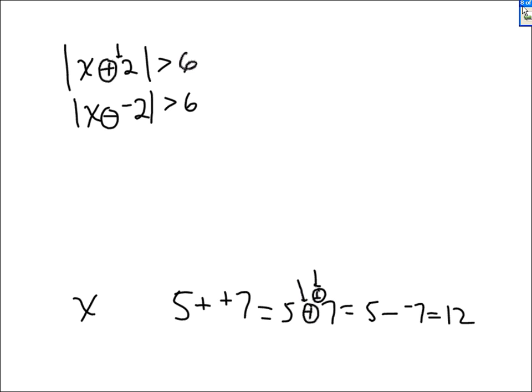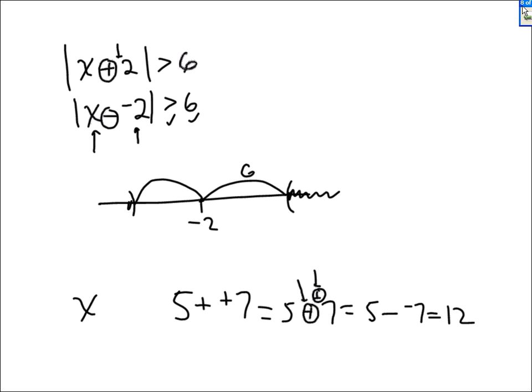So now it's the distance between x and negative 2. Here is negative 2. The distance between x and negative 2 is bigger than 6. So you go more than 6 to the right, but not equal to 6. And you go more than 6 to the left, and that's what x can be.